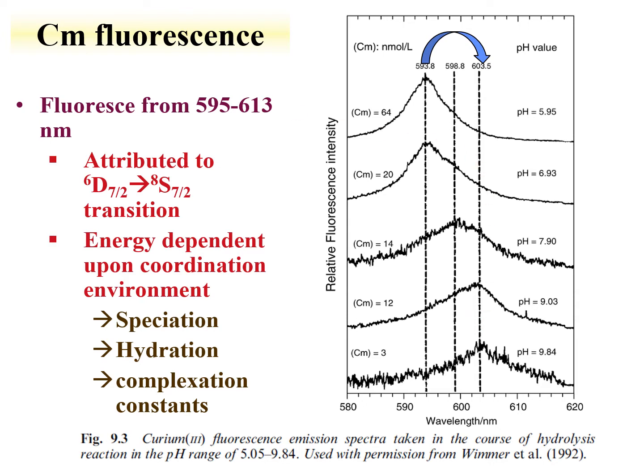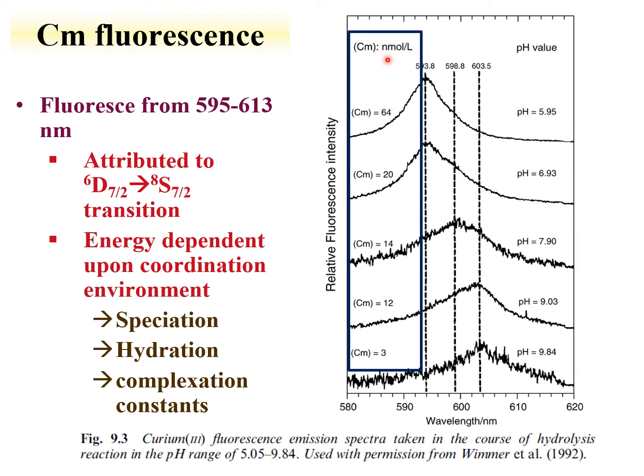Looking at the speciation diagram at around pH 6, the fluorescence behavior is primarily due to the free curium. As we increase pH, we go to the curium monohydroxide and then the curium dihydroxide. The other interesting property that's observed is the concentration of curium in this study.